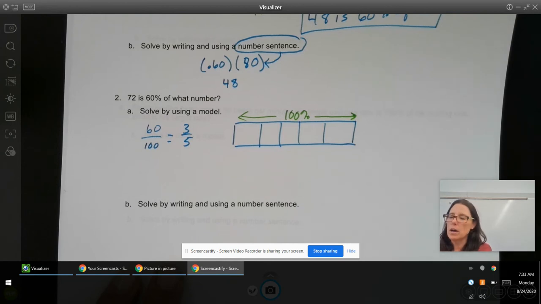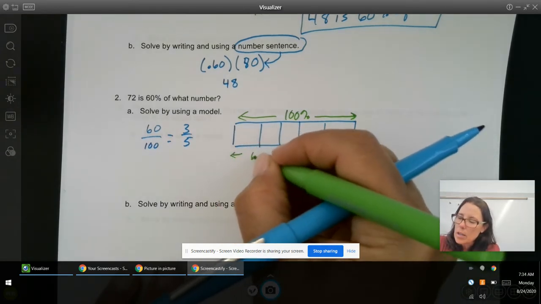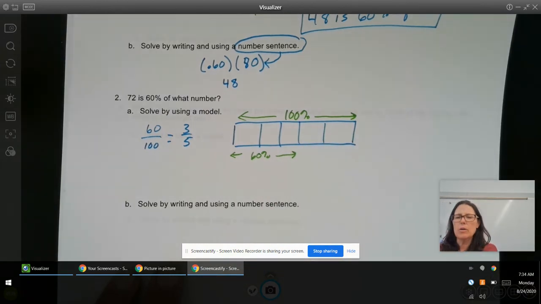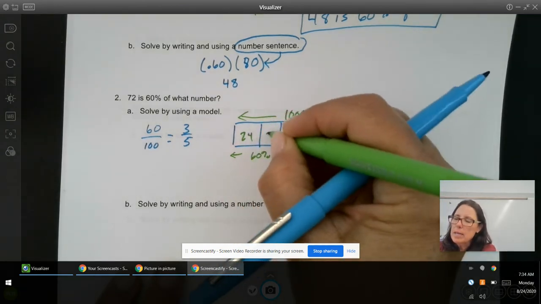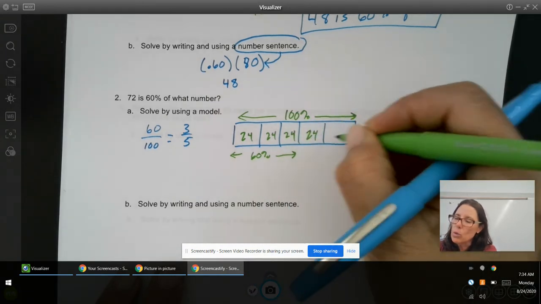Okay, so we know 72 is 60%. Well, 20% is in each of these. So 3 of them cover 60%. Now, if 3 of them totals to 72, let me say that again. 3 of those boxes total to 72. That means 24 is in them. Well, if 24 is in them, 24 is in them all.